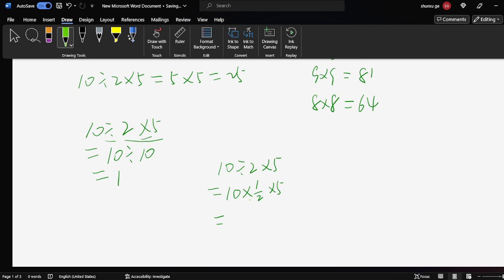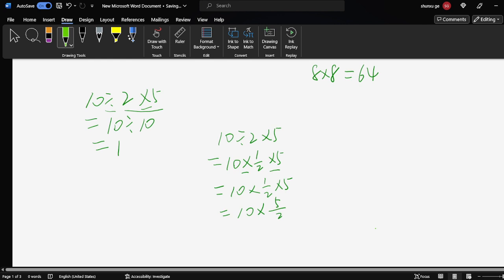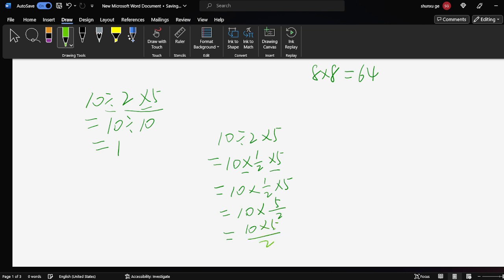Because here both are multiplication, it's the same, so you can change. Okay, 10 times 1/2 times 5, no problem. So 1/2 times 5, so here 10 times 5/2.